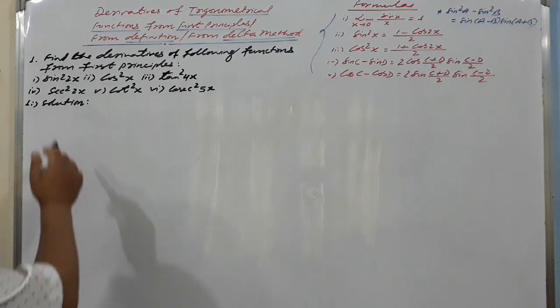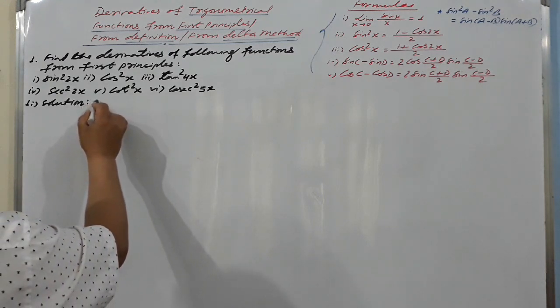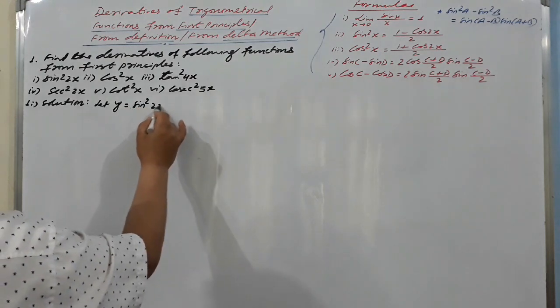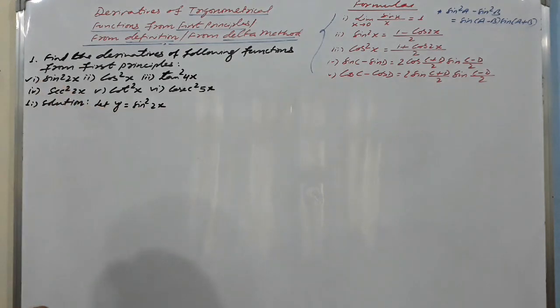If you know all these things, you can handle these questions very carefully. So let's start. Let y be equal to sine square of 2x. I'm going to tell you this question, and thereafter I'll explain how to do the remaining questions from first principles.